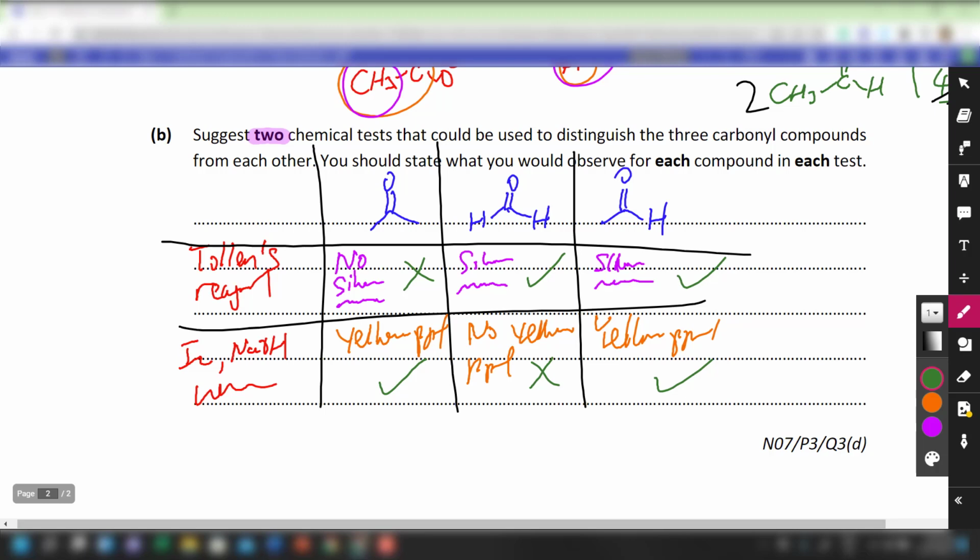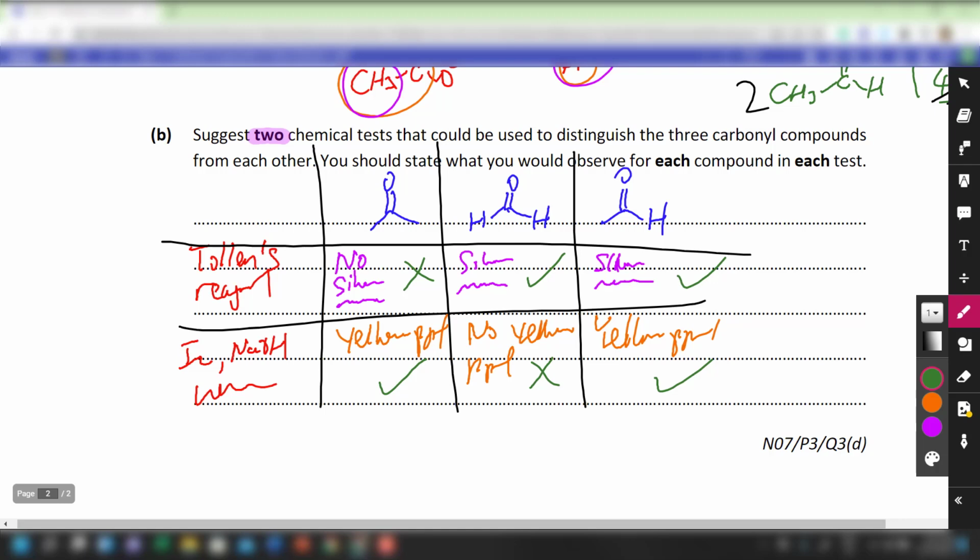So in that case, how are we going to distinguish between the 3 compounds? Based on this particular table, I'm sure you can tell that ethanol is the only chemical that will give you a positive test with both Tollens reagent and iodine in sodium hydroxide.